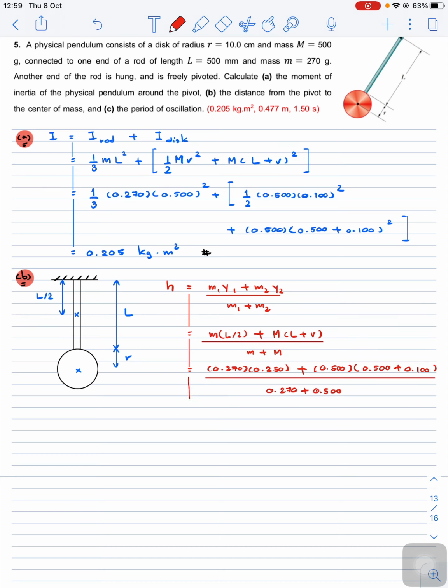Then finally the answer is 0.477 meter. So it should be somewhere about, L here is 0.5 meter, so it should be somewhere here. This is equal to H, and this portion is the center of mass of our system here.